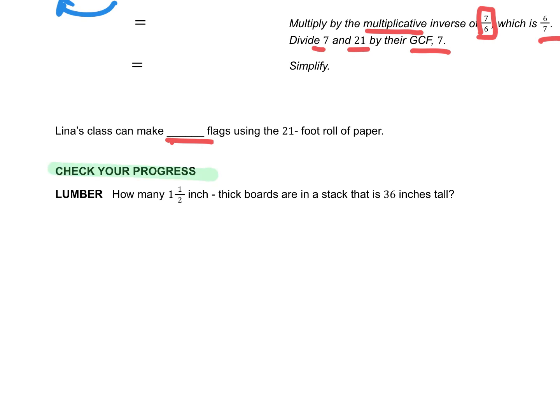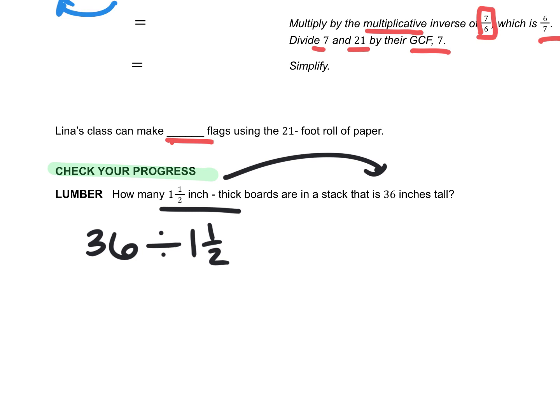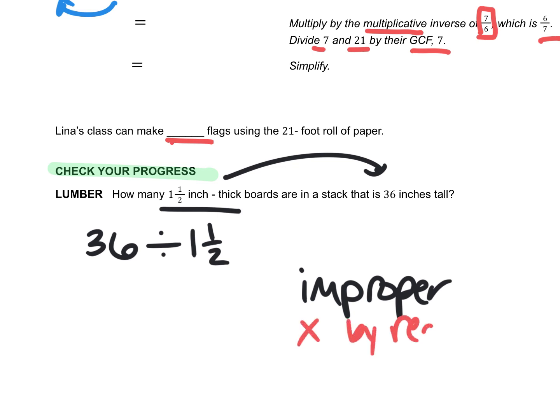Here, we have how many 1.5-inch thick boards are in a stack of 36 inches tall. So we're wondering how many times does this fit into here? So that's 36 divided by 1 1/2. Following those same steps up there, can you rewrite them as improper fractions? Can you multiply by the reciprocal?